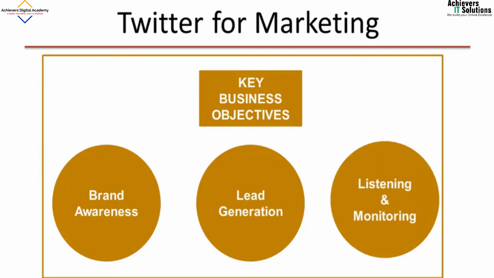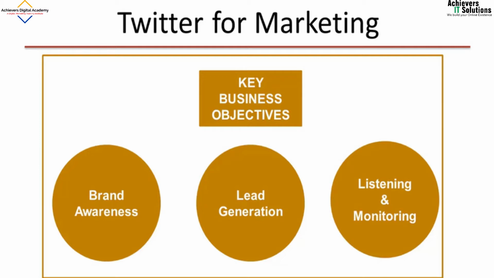And something that is very important on Twitter, since we saw Twitter is a public platform with a lot of opinionated people being a key part of their audience, it makes it a great platform for brands to listen and monitor what their audience is saying about them. So we'll go through each one of these three one by one. We'll see how we can use Twitter for each of these.